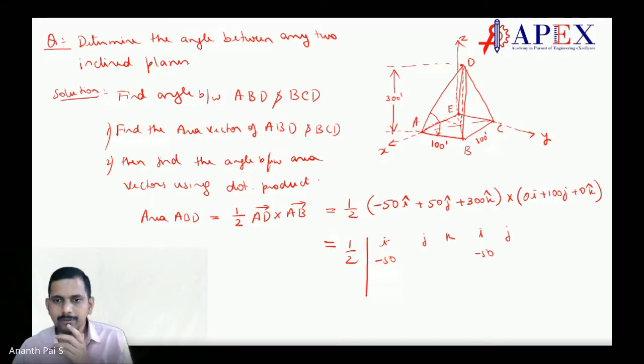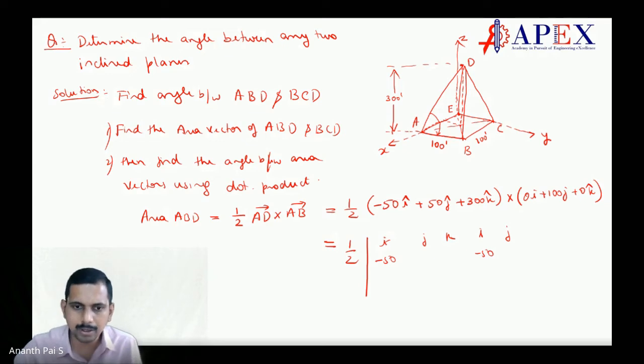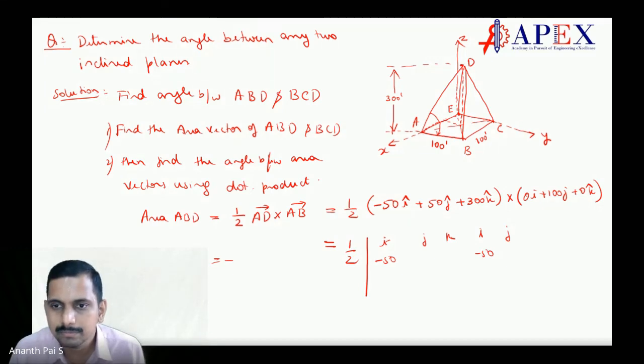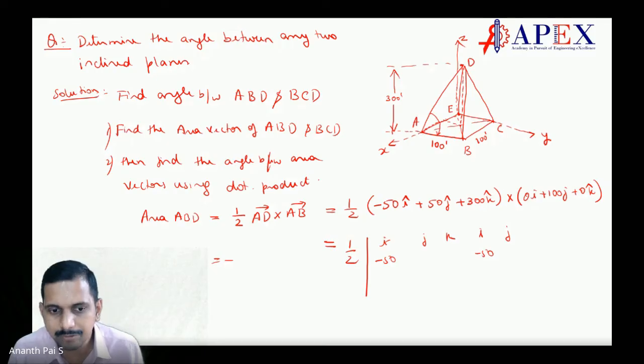What if we do AB cross AD? Will we get negative or positive? When you say AB cross AD, it will be the negative of AD cross AB. That's it. Whatever is the answer, we will see whether we get negative or not.